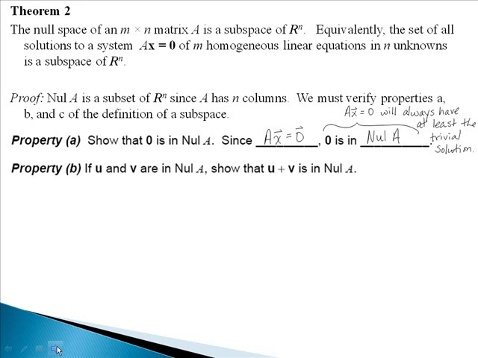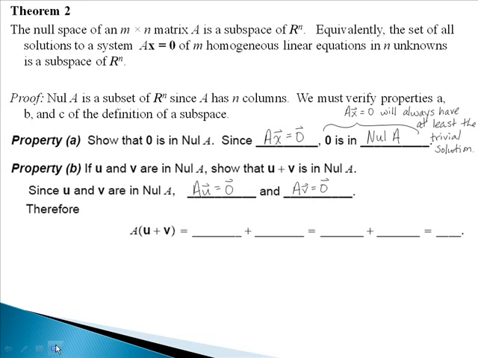Now property b, we're checking to see if it's closed under vector addition. If u and v are vectors in the null space of A, then we need to show that the sum of them is also in the null space of A. Since they're in the null space, we know that they satisfy our homogeneous equation.